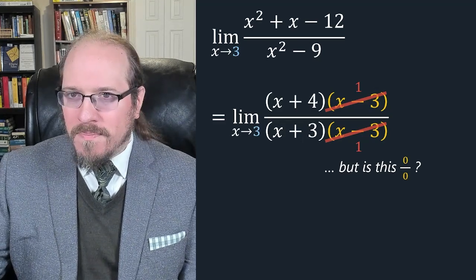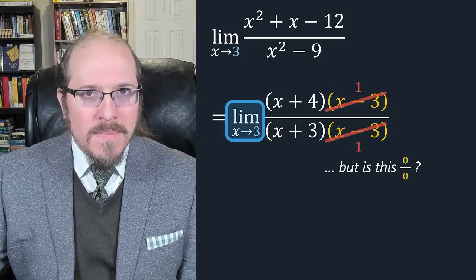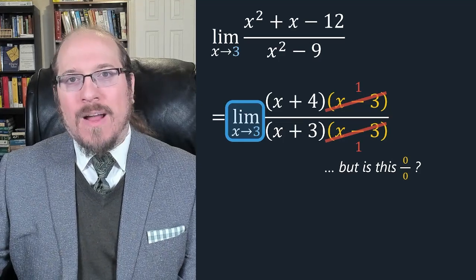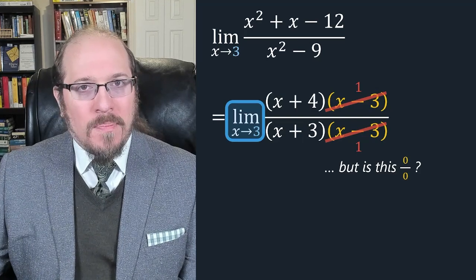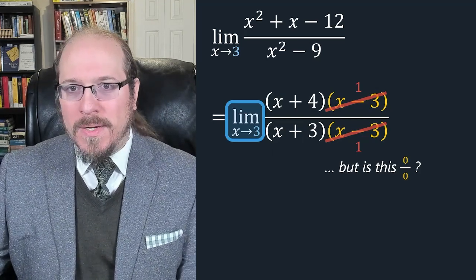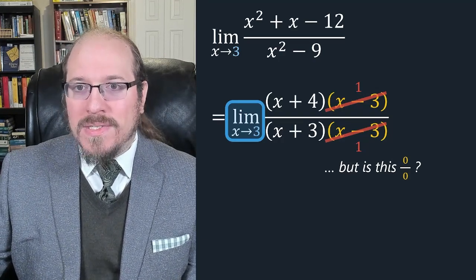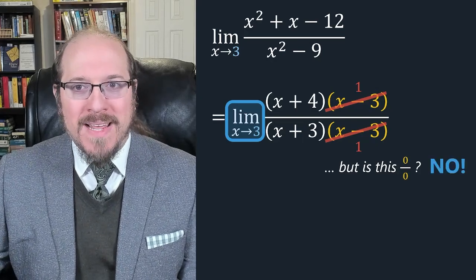But hold on. Remember, we're finding a limit here. And for limits, we don't care what happens at a point. We only care what happens around a point. So when x is approaching 3, that means x is not equal to 3. And that means x minus 3 is not equal to 0. And that means we don't have 0 over 0 anymore.